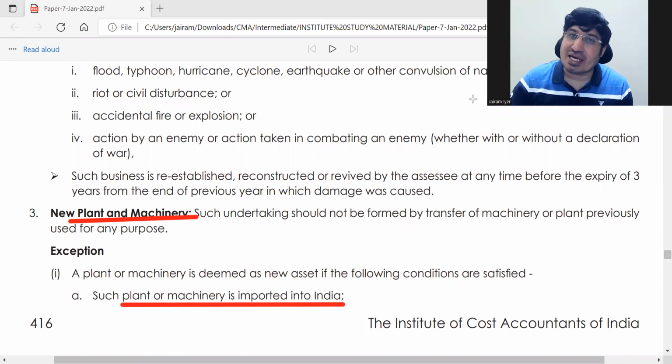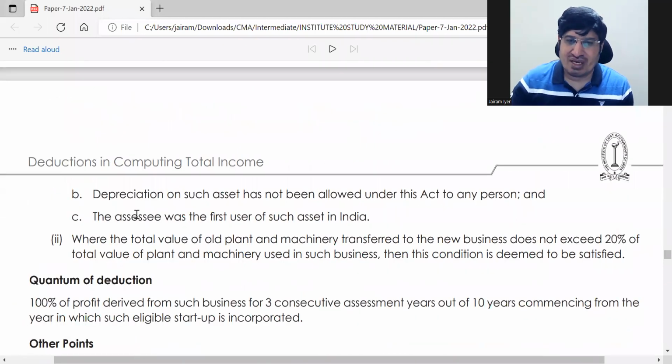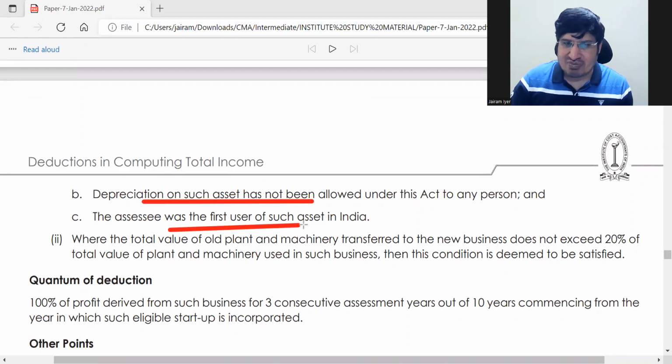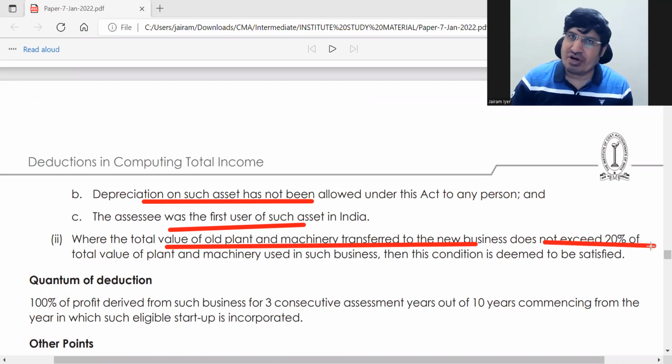It was used there and imported to India. Okay? And in India, no one has got depreciation so far. Depreciation has not been allowed. SSC is the first user, correct? If you remember. So exactly same points repeated. Okay? And then last point also, total value of plant and machinery transferred to new business does not exceed 20% of total value, correct? Same point. Okay? So then this condition is satisfied. So ये पूरा section, this entire section is repeated.